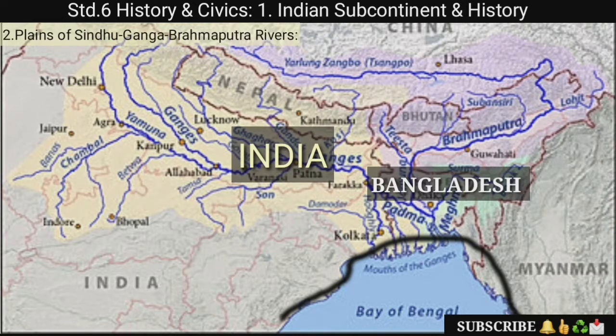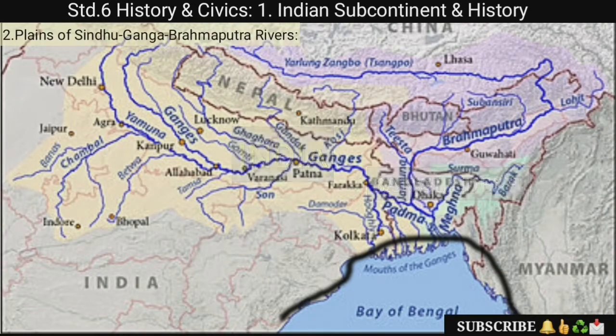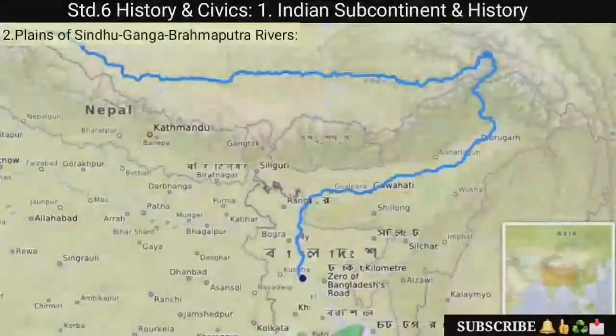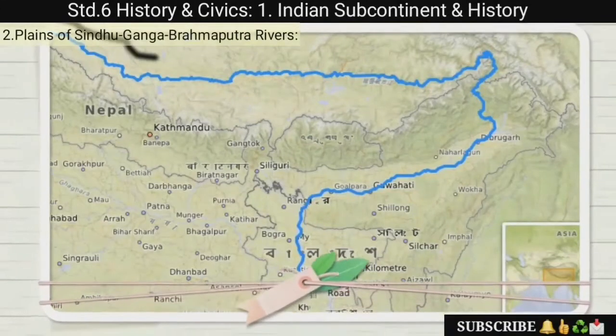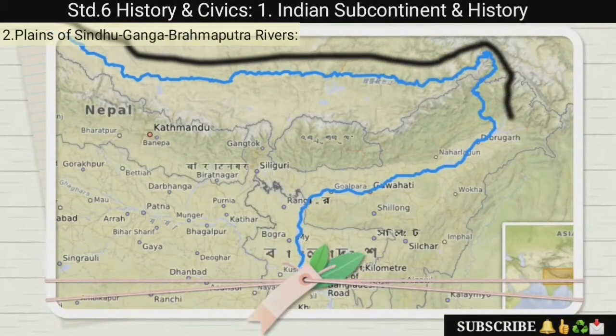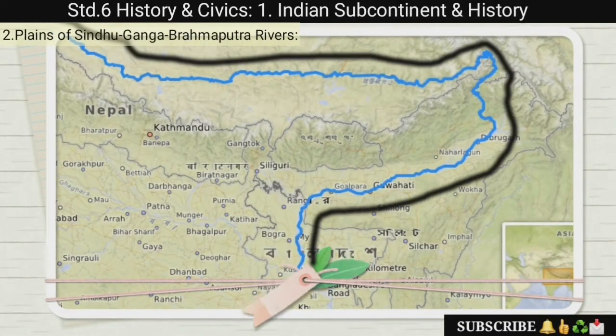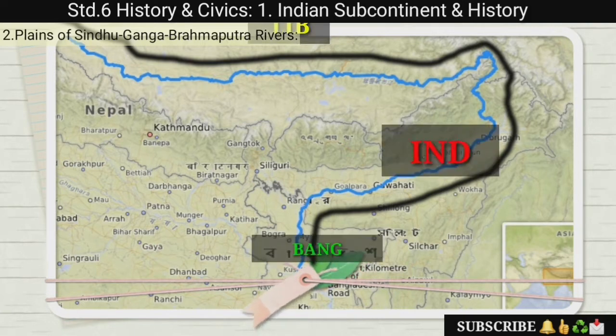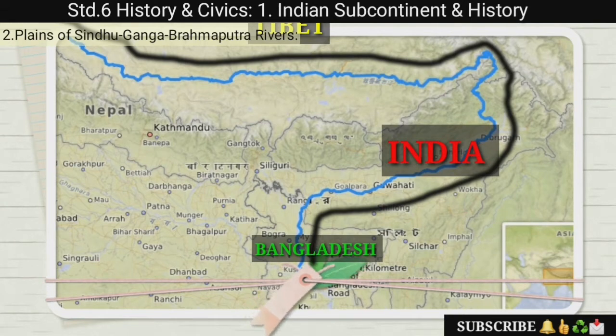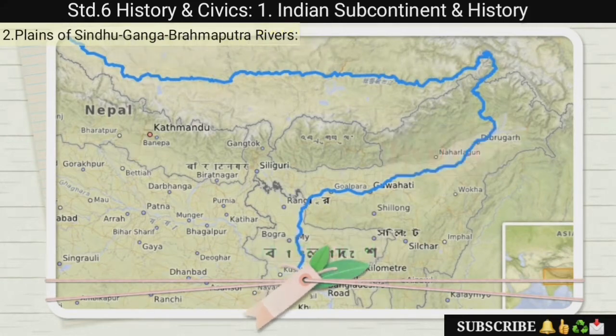Ganga is the third largest river in the world. Now we shall have information about Brahmaputra. The Brahmaputra river is a transboundary river which flows through Tibet, India and Bangladesh. It is the ninth largest river in the world by discharge and 15th longest. Have you understood?